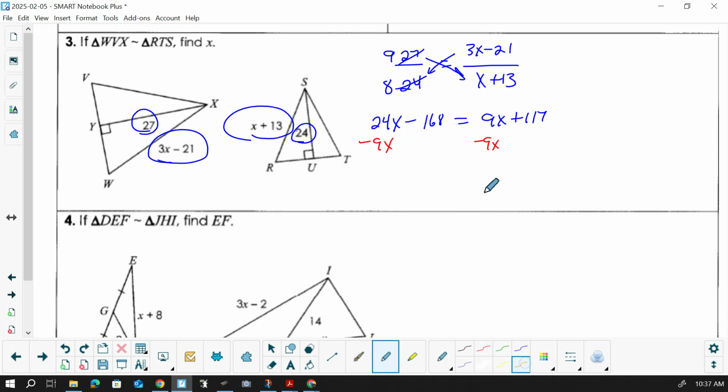And since I'm doing that, I'm also going to add 168 to both sides. And we end up with 24 minus 9 is 15, and 117 plus 168, I get 285. Divide both sides by 15, and we get x equals 19.